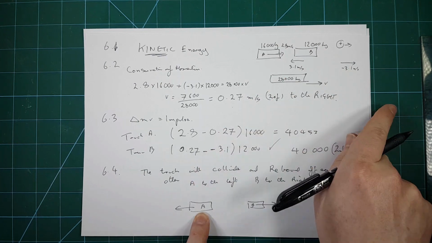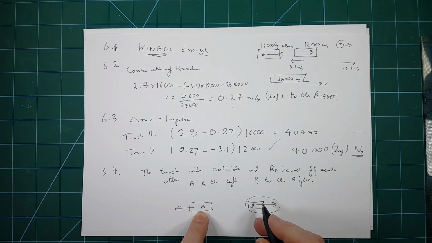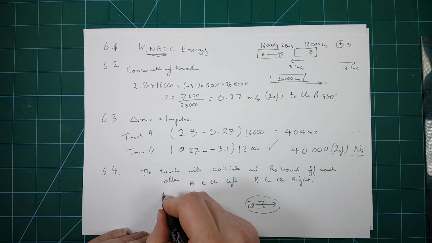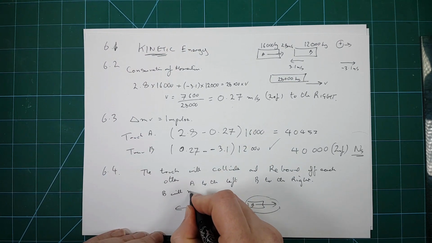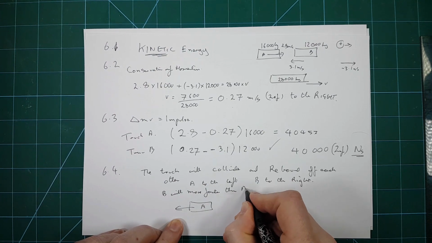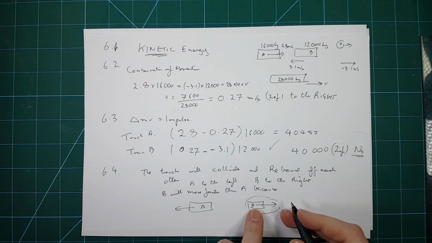This combined momentum was in the right direction, so this combined momentum is going to be in the right direction, which means that the momentum of B will be bigger than the momentum of A. So B will move faster than A because, well, there's two reasons.